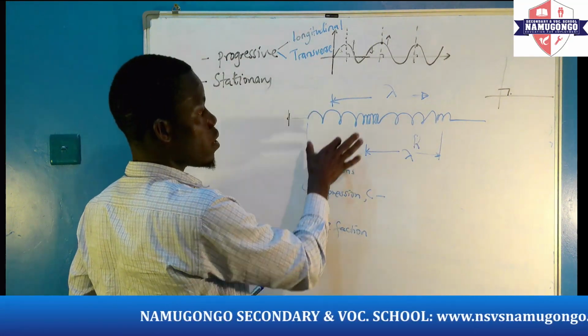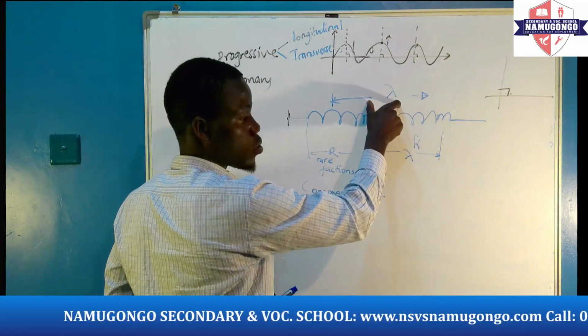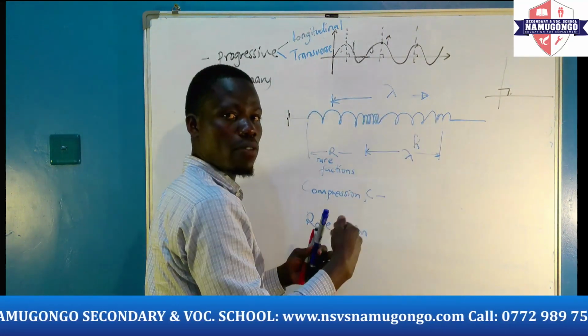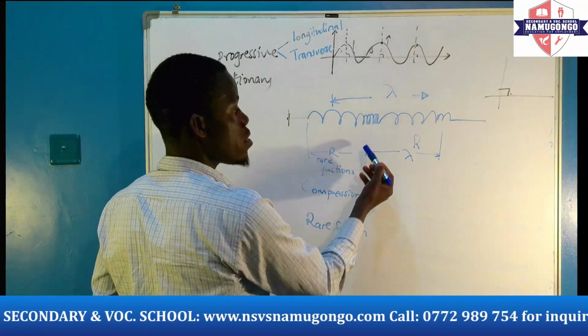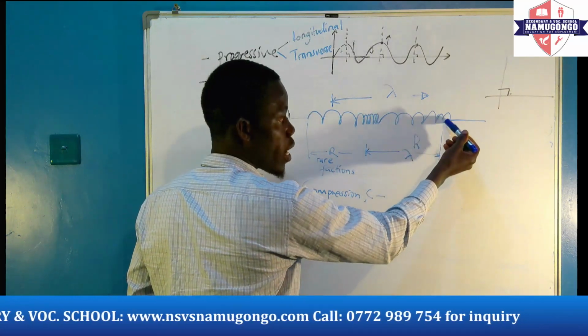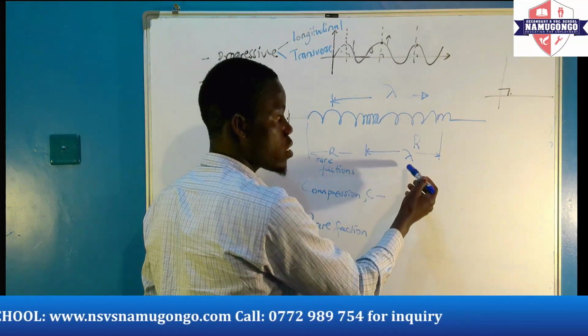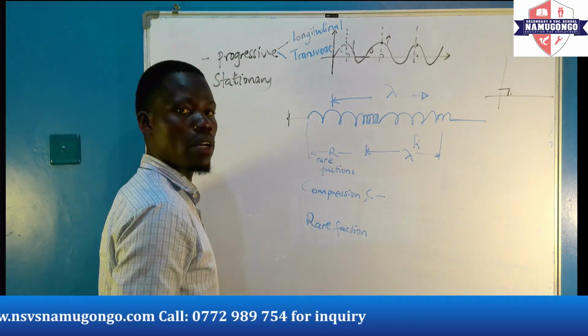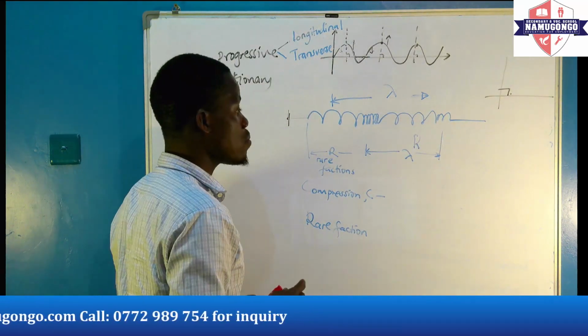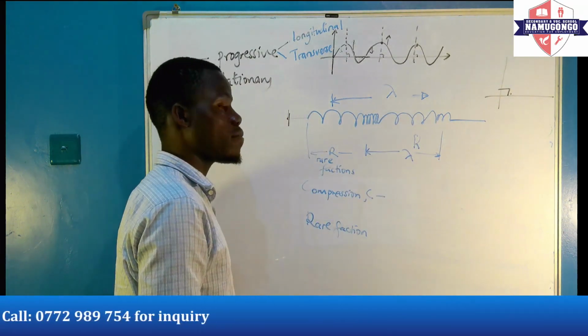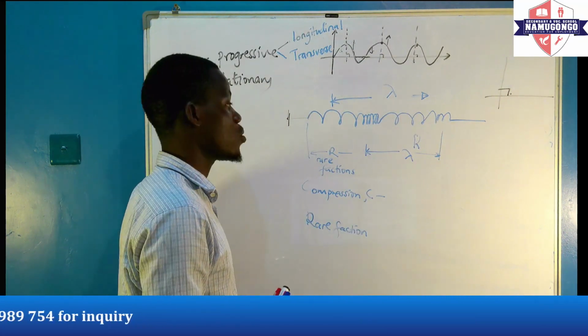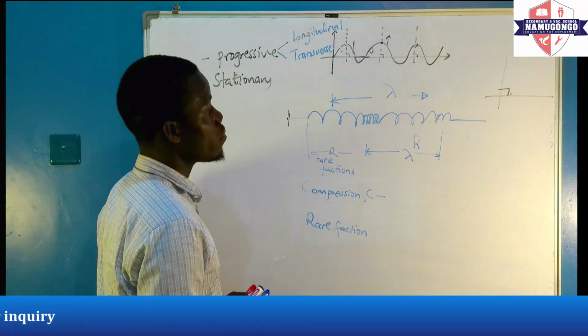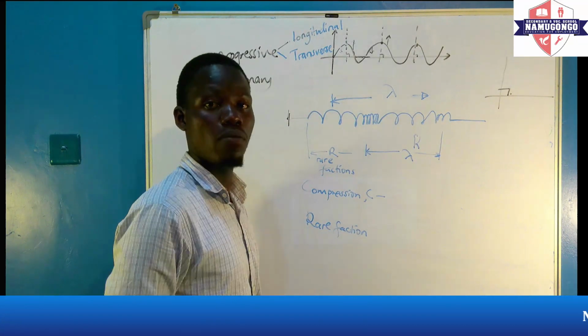From a rarefaction to the next rarefaction, we get lambda. Successive means following each other. From a compression to the next compression, we also form lambda, the wavelength. So the distance between two successive compressions or rarefactions in a longitudinal wave is the wavelength.